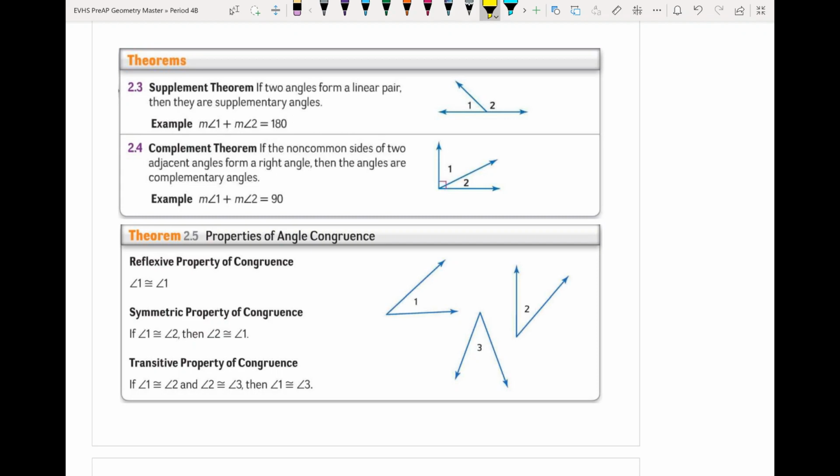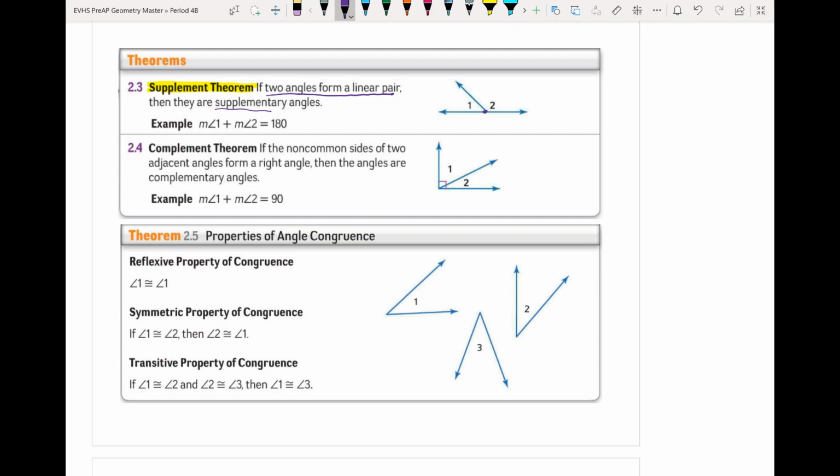First off is the supplement theorem. Now, this is where it's very important for us to realize what the hypothesis or the conditions were, and then what the conclusion is. So reading through here, I see that if two angles form a linear pair, which are adjacent angles whose rays make opposite rays or a straight line, then they are supplementary, which means the conclusion I make is that angle 1 plus angle 2 is 180.